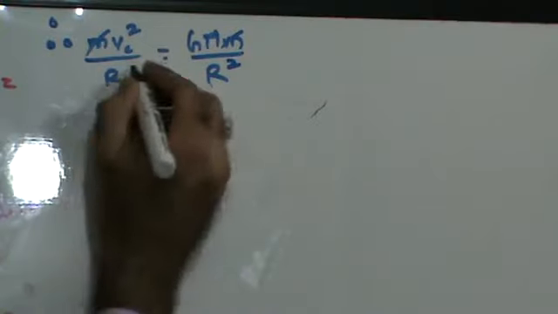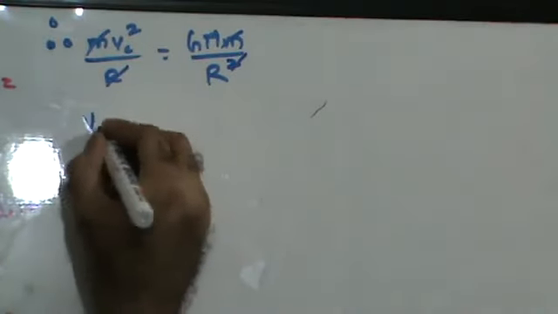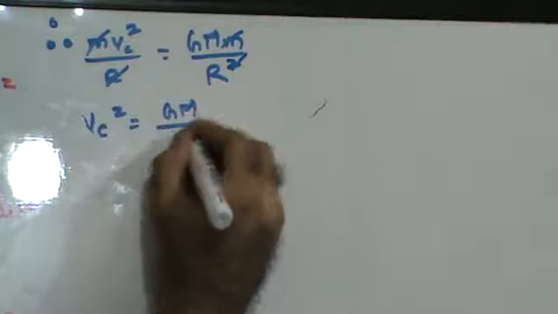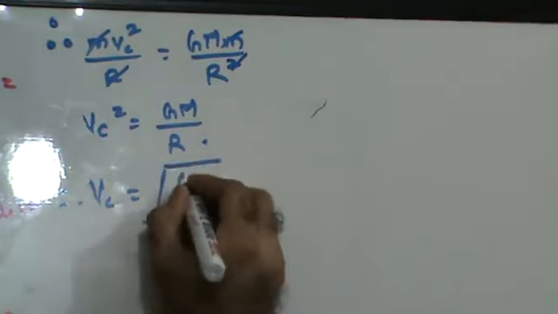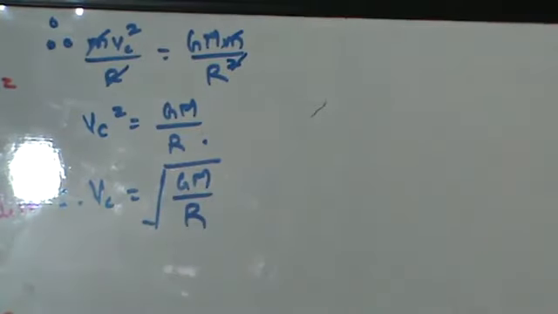M and m get cancelled, and r and square get cancelled, so you will get Vc square is GM upon r. Therefore Vc is square root of GM upon r, right?